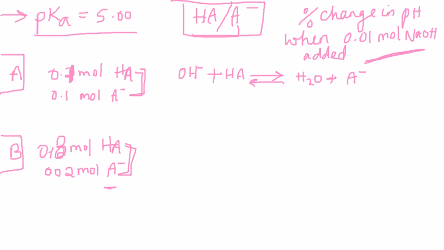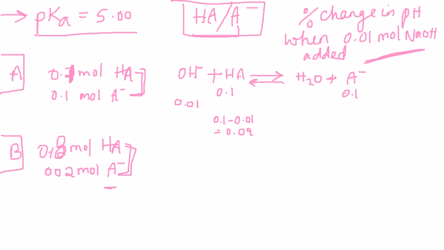So before you added your extra base, of course, the concentration of the acid was 0.1, the concentration of the conjugate base was 0.1, and you have added 0.01 moles of the hydroxide. So the concentration later becomes 0.1 minus 0.01, which will become 0.09.